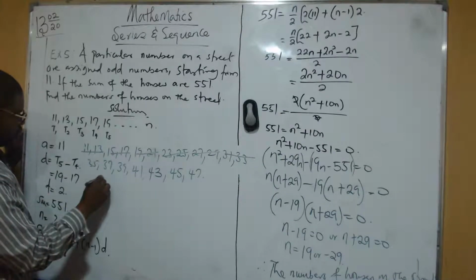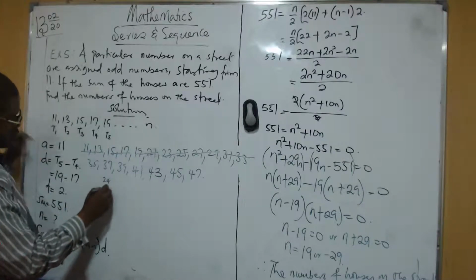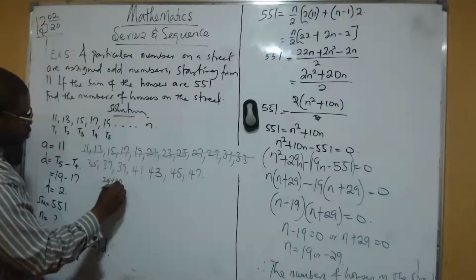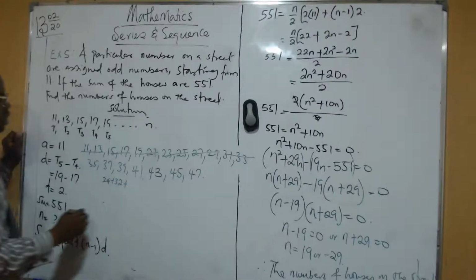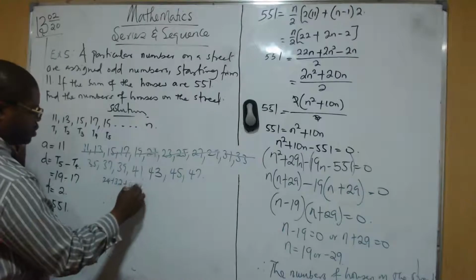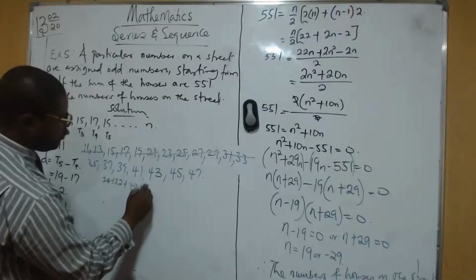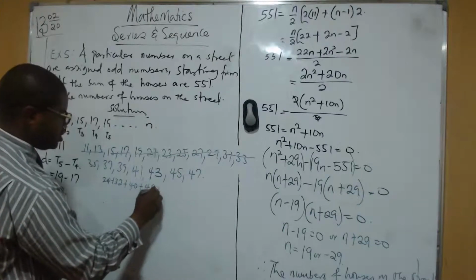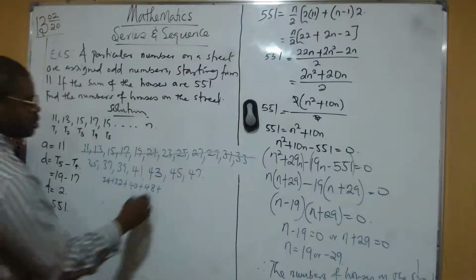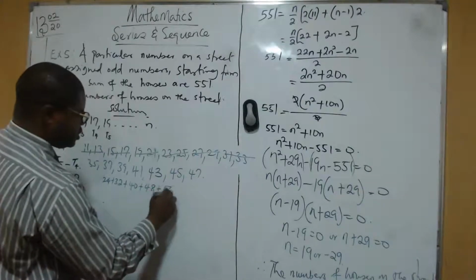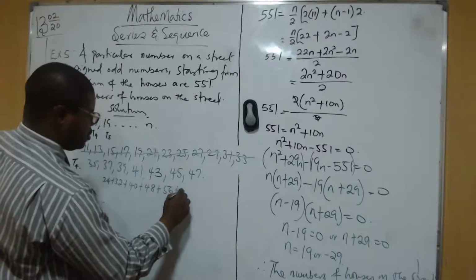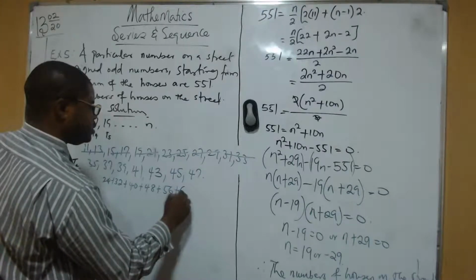We have 24 plus 32 plus 40 plus 48. This is 56 plus this is 64.